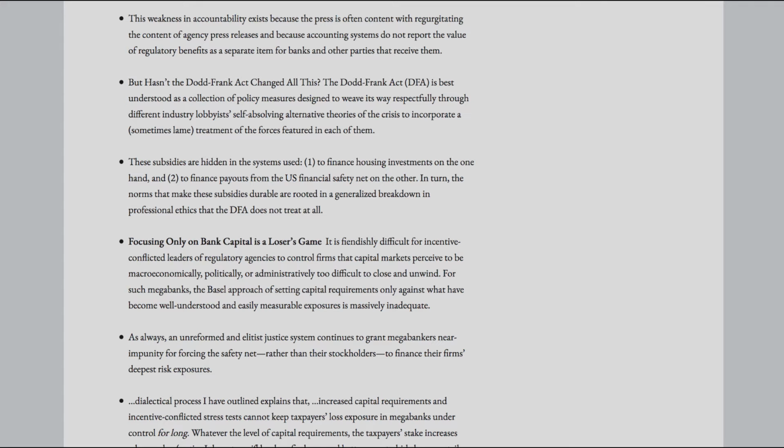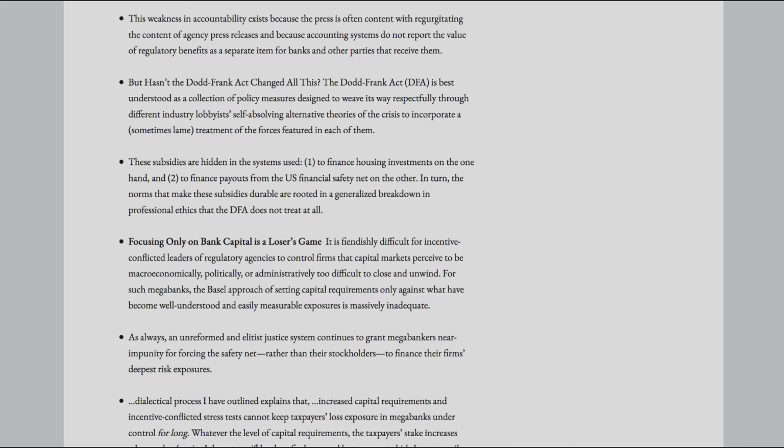The Dodd-Frank Act is best understood as a collection of policy measures designed to weave its way respectfully through different industry lobbyists' self-absolving alternative theories of the crisis, to incorporate a sometimes lame treatment of the forces featured in each of them. These subsidies are hidden in the systems used: 1.